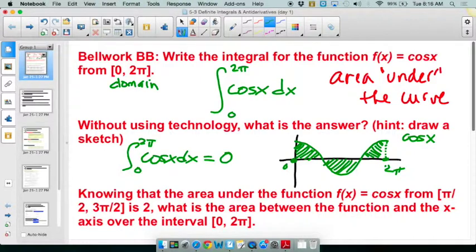We've got just as much space above, which we would call what kind of area? Positive, as we do below, which we would call what kind of area, and I'm using air quotes. Yeah, negative.